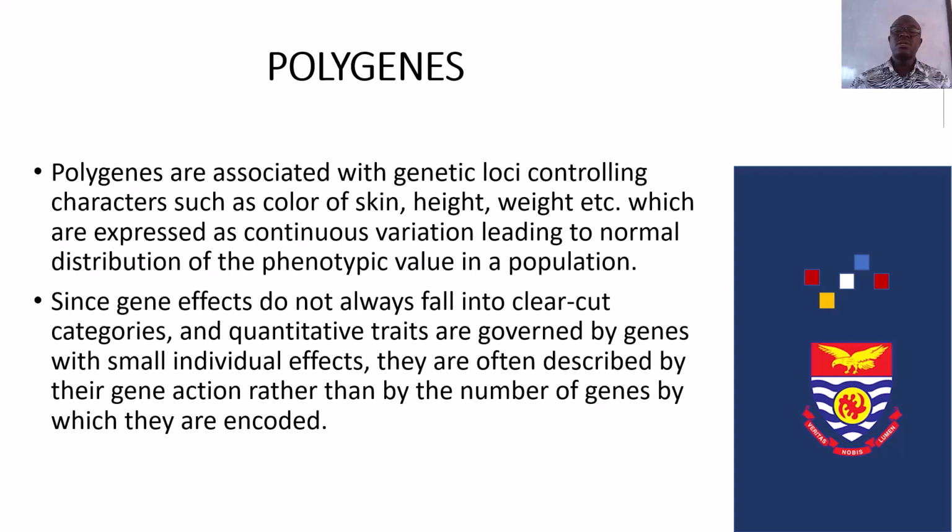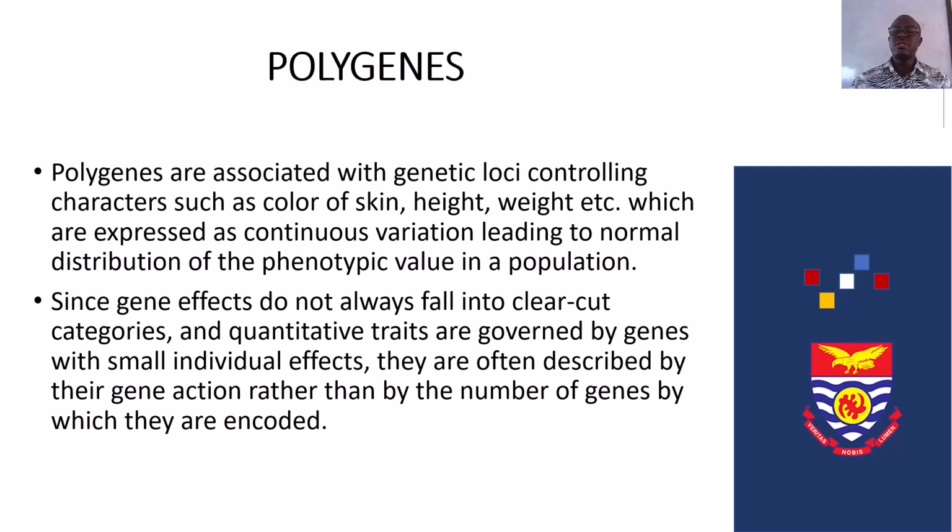Polygenes are associated with genetic loci controlling characters such as color of the skin, height, weight, etc., which are expressed as continuous variation leading to normal distribution of the phenotypic value in a population.